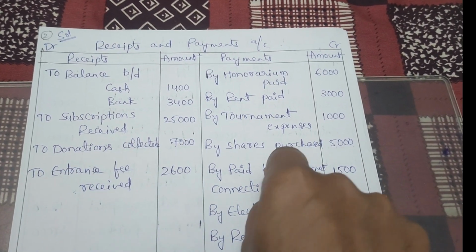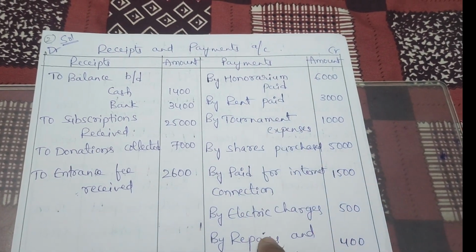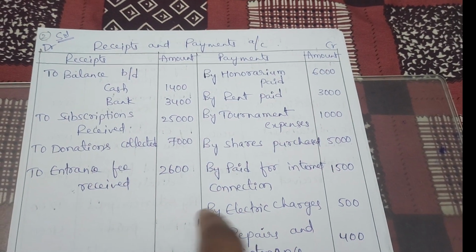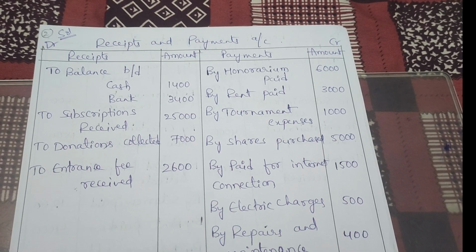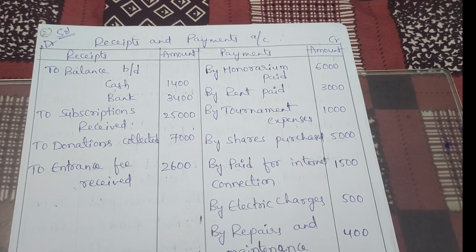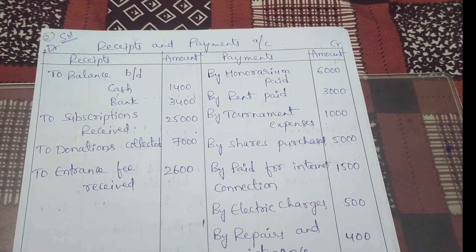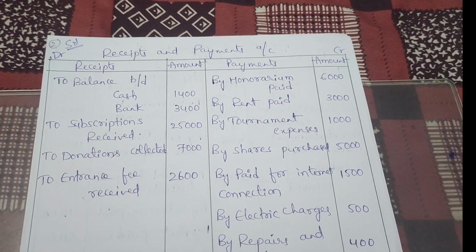If cash is going out in any way, we record those items on the credit side. Because receipts and payments account is similar to the cash account. Cash account is prepared by trading organizations and receipts and payments account is prepared by non-trading organizations. That is the only difference between these two.